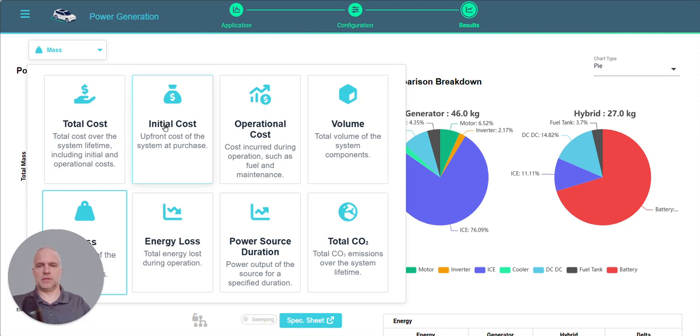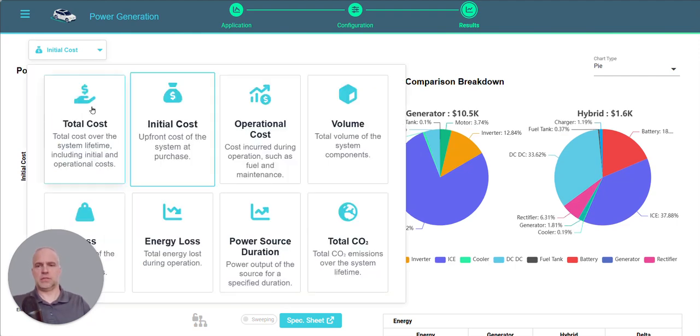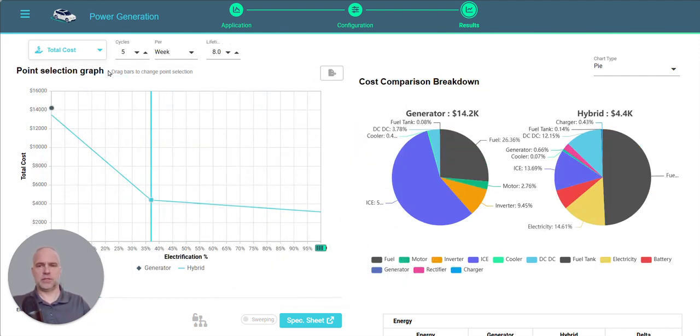There are, in addition to mass and volume, initial cost, total cost, and total cost of ownership depends on the cycle. In this case, it's 5 cycles per week for 8 years with the electricity or fuel, the energy defined.